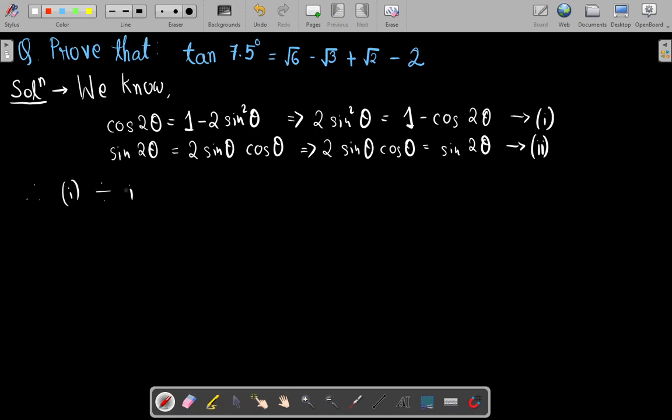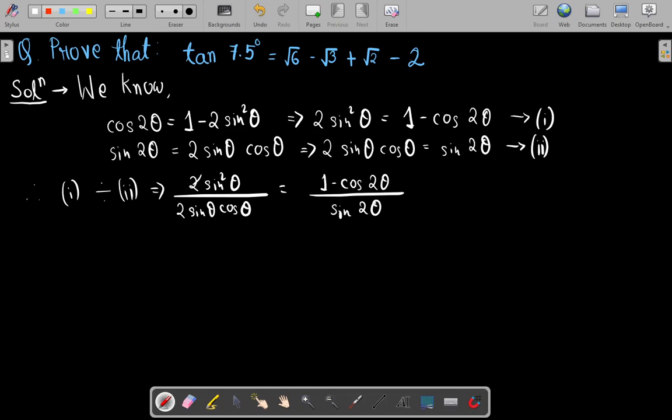This implies 2 sine squared theta upon 2 sine theta cos theta equals 1 minus cos 2 theta upon sine 2 theta.